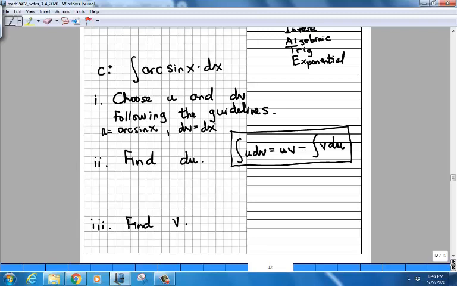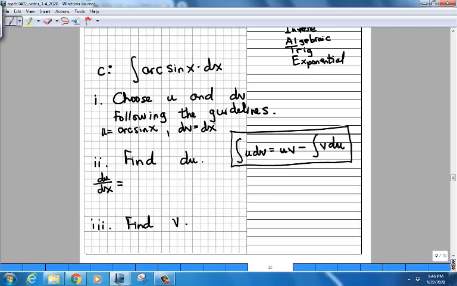Let's find du. To find du, take the derivative of u with respect to x. Here's u, so we need to remember what the derivative of arc sine is. I hope you can remember that from before the break, but if you can't, just look it up.